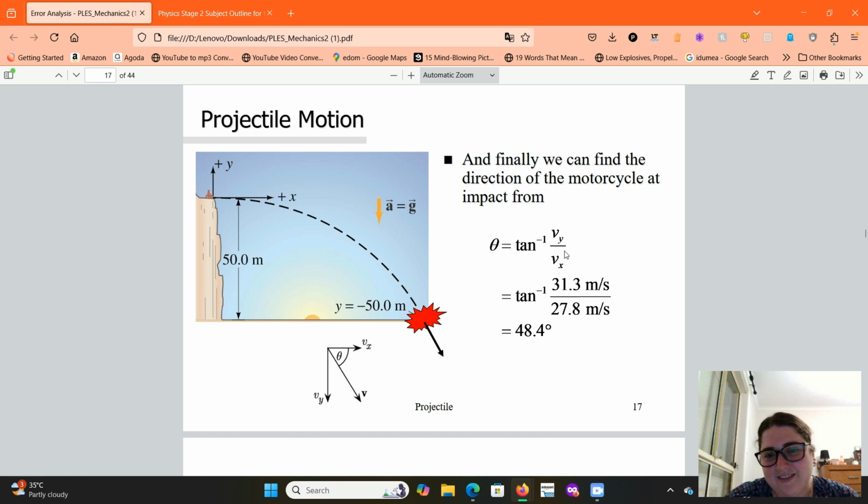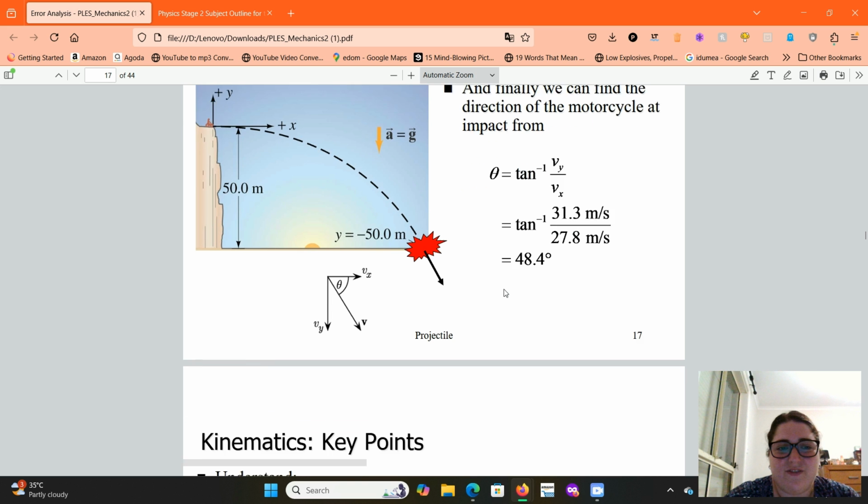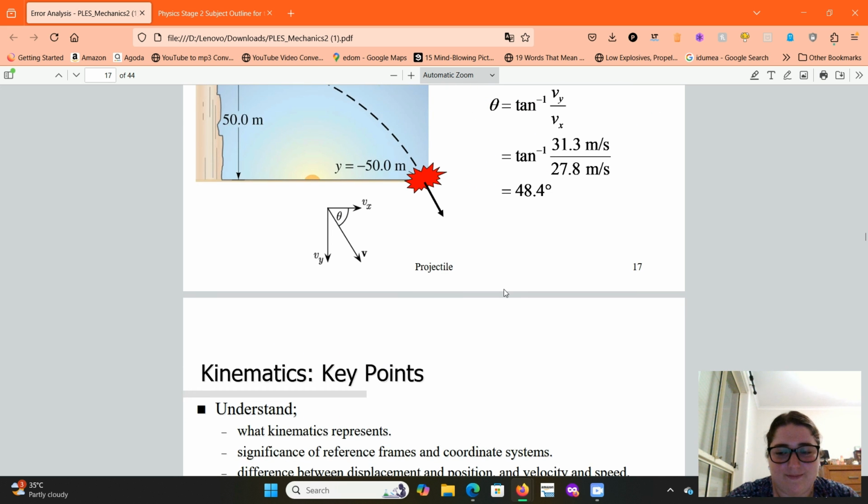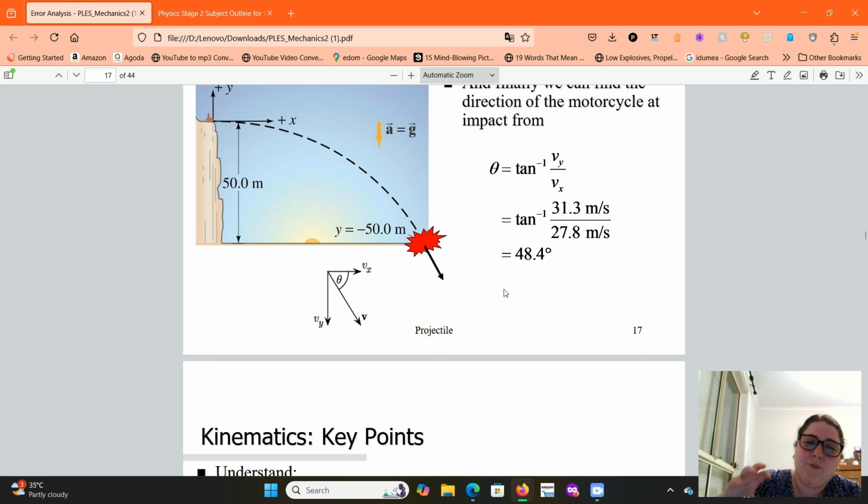V of y over V of x gives us that, and that is the angle down that the guy on the motorbike fell off the motorbike, the angle downwards from his crash.